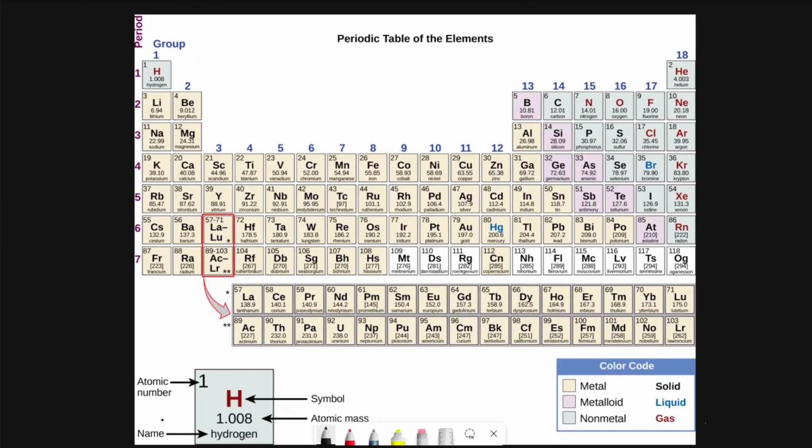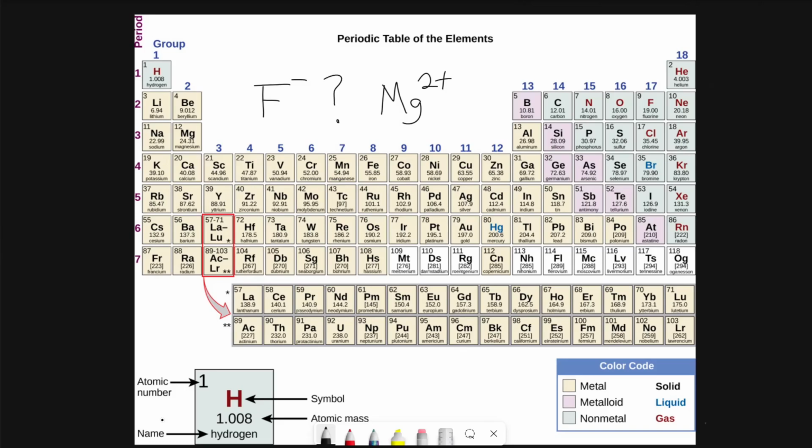Just to make something clear, I'm going to go back up to this table, and I want to make a point about the ionic radii of isoelectronic ions. And all that means is that 2 ions have the same number of electrons. So for example, if we were to compare the fluoride anion to the ionic radius of the magnesium cation, which one is larger?